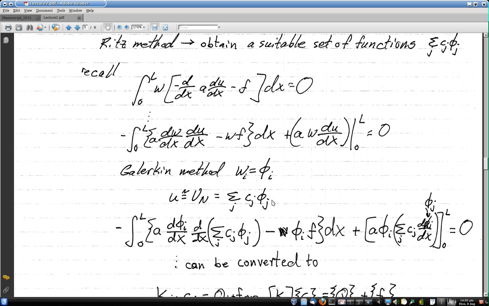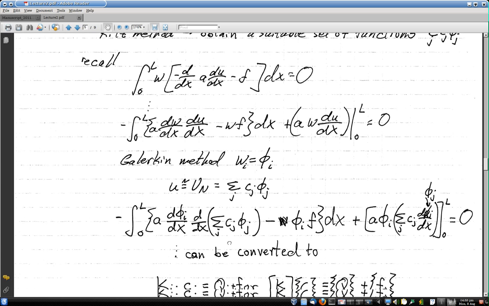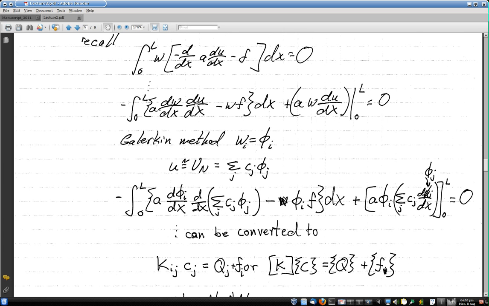You notice here's phi sub I, this is what used to be w, and this summation is the approximation of our dependent variable u. And then you bring down w, f as some type of body force, and then here are my boundary conditions. So everything's in terms of what we'll use as polynomial functions. Okay?